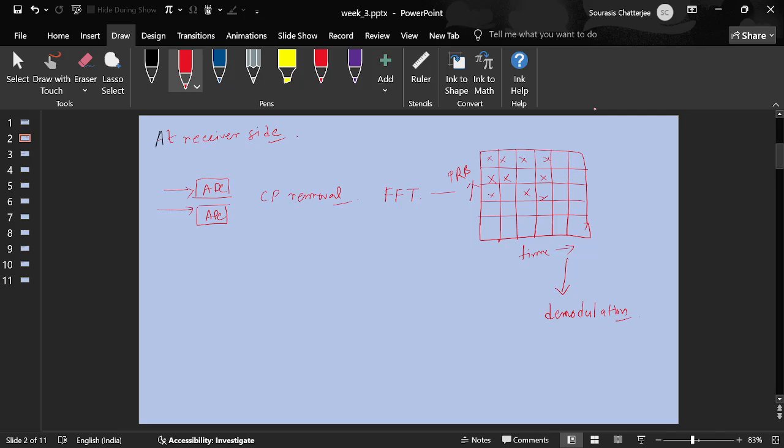But why do you need demodulation in the first step? Why can't we process the symbols directly from the time frequency grid here? We can take these symbols, whatever we have received, and process them directly by bypassing the demodulation. Why not?